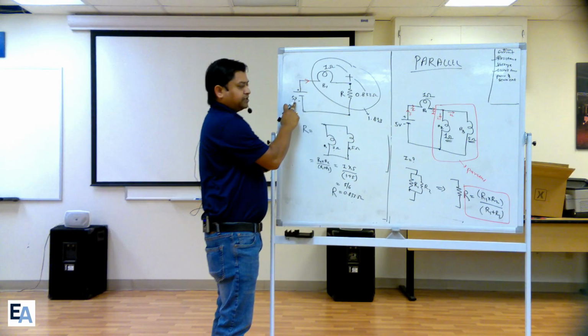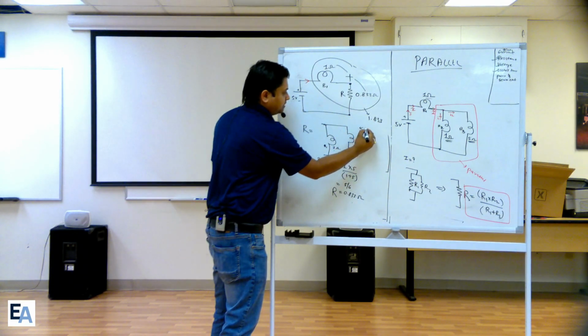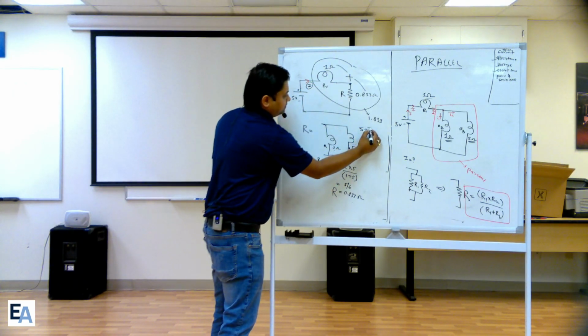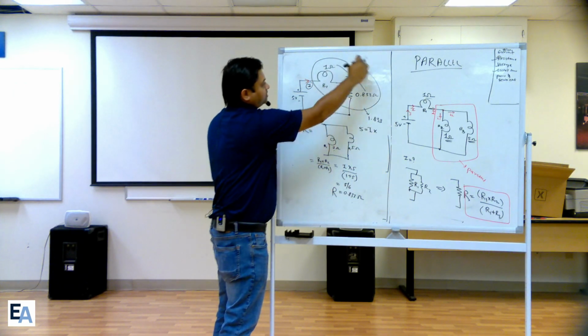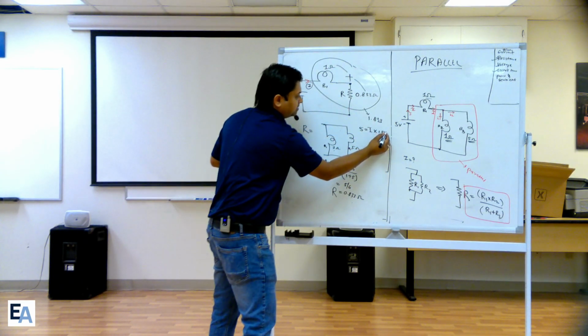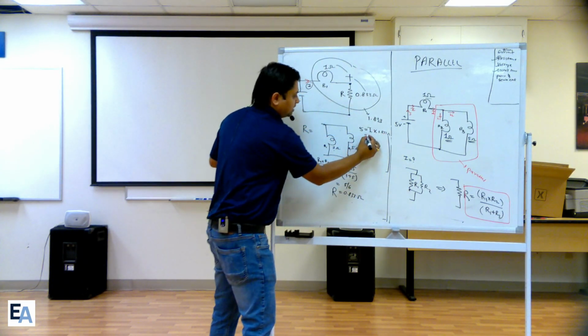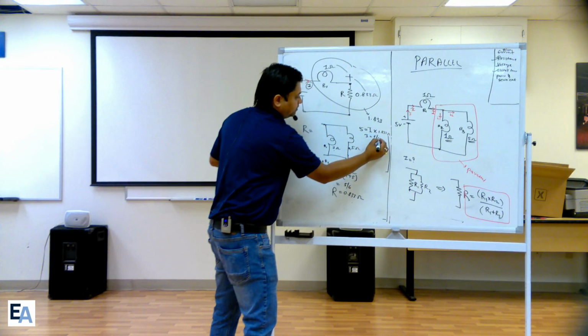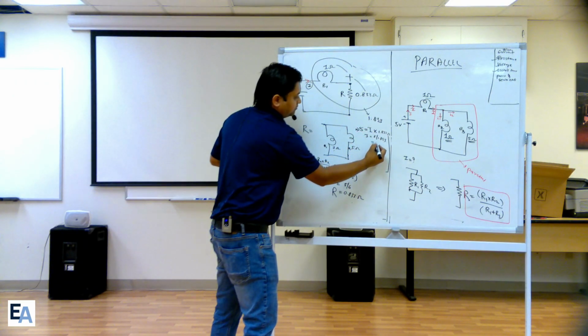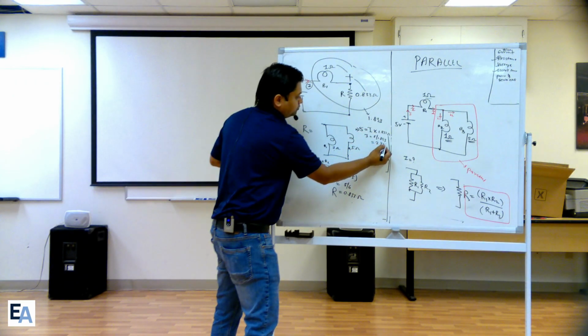Now I know the voltage. The voltage is 5 volts equals current times the total resistance of this circuit, 1.833 ohms. So the current is 5 divided by 1.833, which is equal to 2.72 amps.